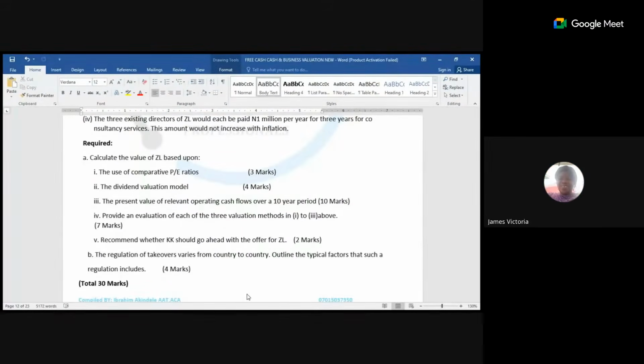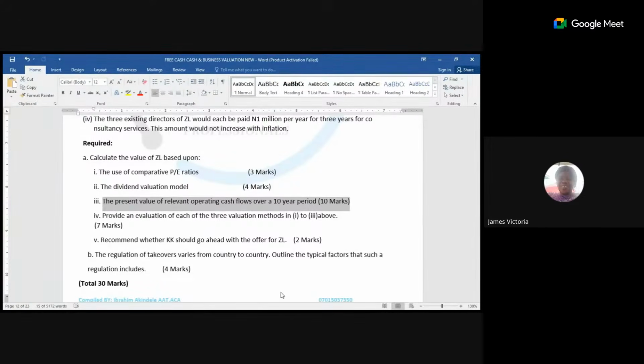Calculate the value of ZL based upon: 1. The use of comparative PE ratios. 2. The dividend valuation model. 3. The present value of relevant operating cash flows over a 10-year period. 4.